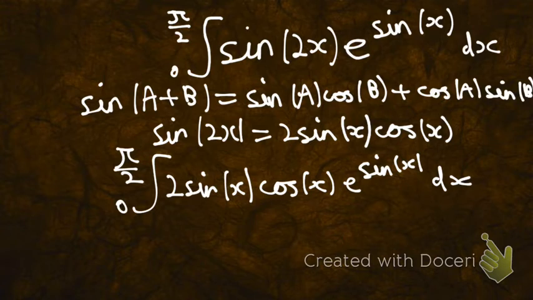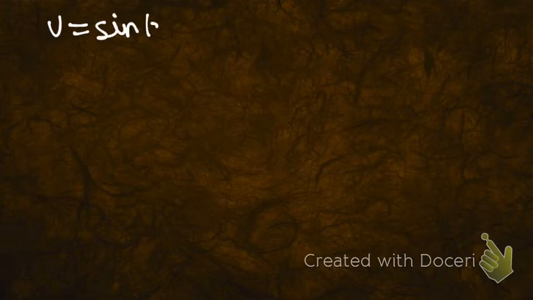Alright, so what we're going to do now is we're going to attempt the substitution of u equals sine of x. Now, what we're aiming to do is to simplify the integral, and to do this we have to get our dx isolated and replaced with a du in crude terms.